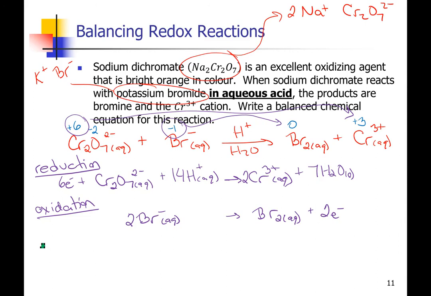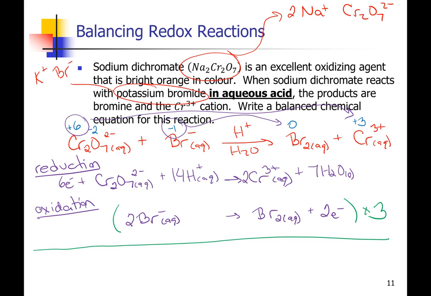The last thing I need to do is combine those 2 half reactions to make the overall reaction. And to do that, I need to make sure that the electrons cancel out. Since I have consumed 6 electrons in my reduction half reaction, that means that my oxidation half reaction has to make 6 electrons. So effectively, I need to multiply my oxidation half reaction by 3, or do it 3 times, in order to make enough electrons for the reduction half reaction to consume.